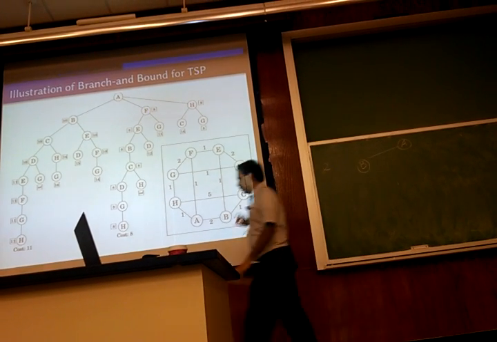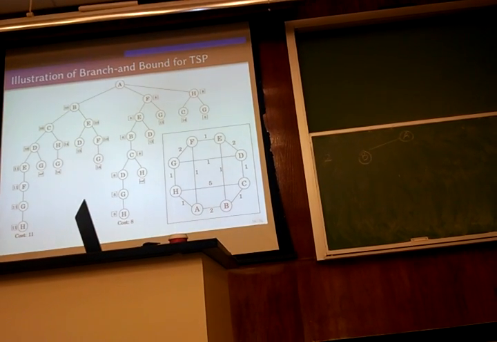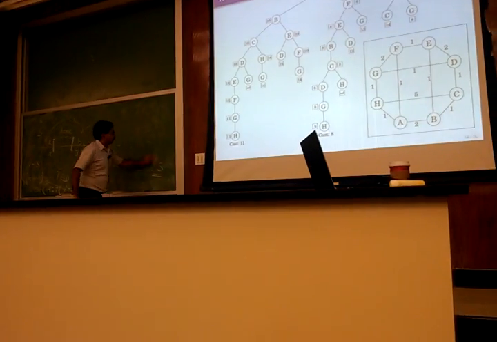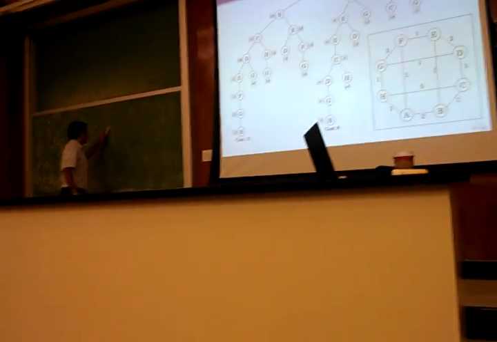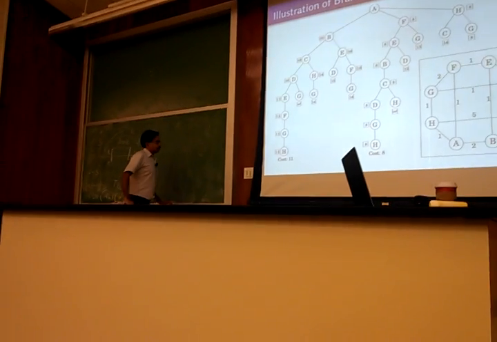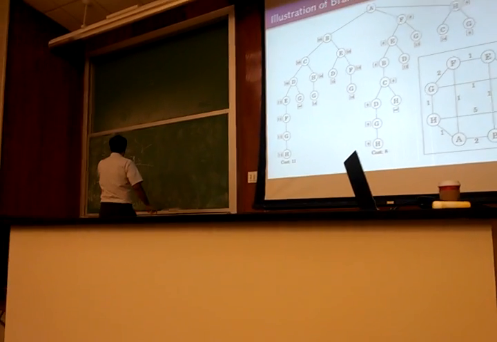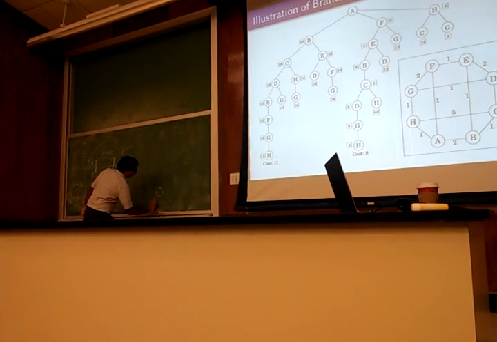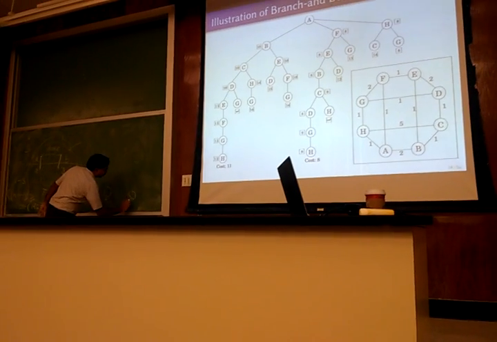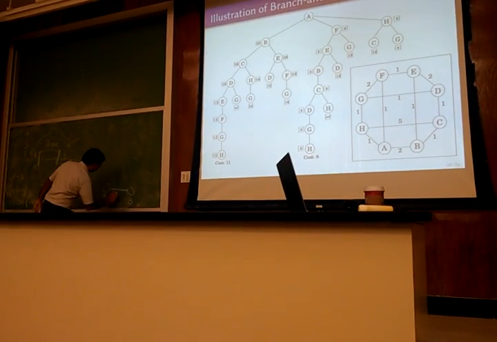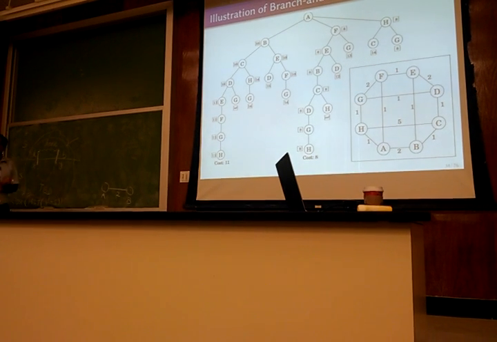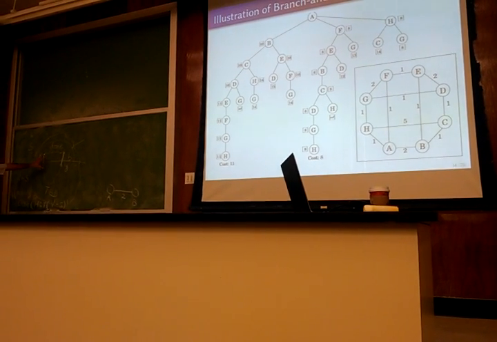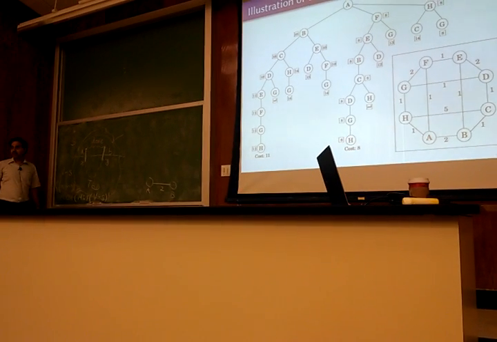So now let's try to complete this picture. In this picture we have A and B and cost 2. This is the partial solution we have computed so far. So that's what corresponds to what is done.